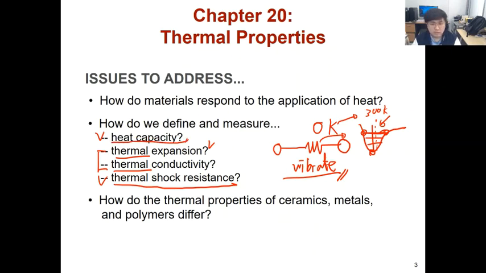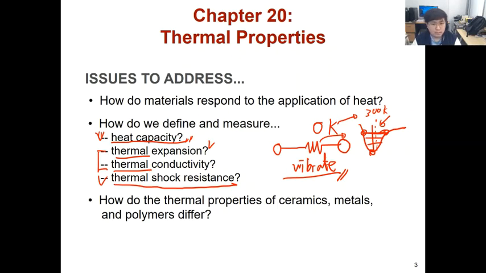I think in the last semester, Professor Jung-Hwan Kim already taught you about thermodynamics. In thermodynamics, heat capacity is a fundamental property: how much heat energy can be stored in a solid material. That's the definition of heat capacity.